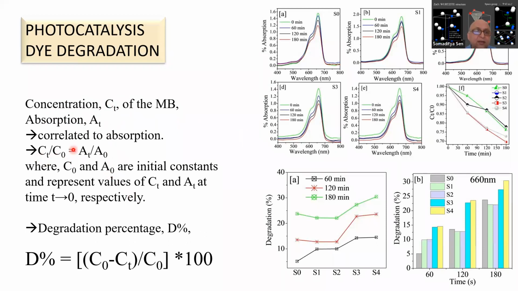So you can correlate to absorption: Ct/C0 is equal to At/A0. Then you can calculate the degradation rate using this formula. You can see the degradation is about 30% in 180 minutes. This is not a good example, but for other materials that we are working on right now, zinc oxide is not a very good dye degrader, but titanium oxide is, copper oxide is, nickel oxide, yes and no, depends on what you're doing.